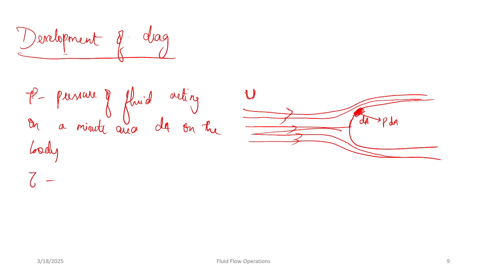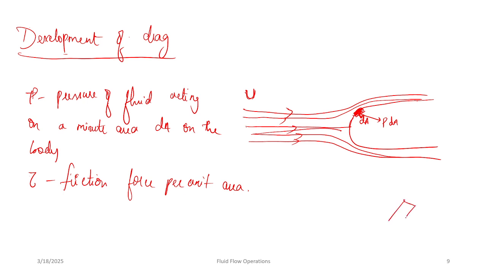And let's say tau is the friction force per unit area. Now the force P into dA, which is caused by the flow of the stream, will be normal to the surface, right? So this is 90 degrees.